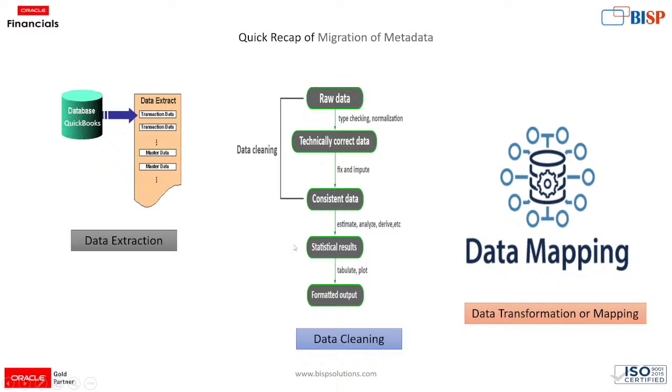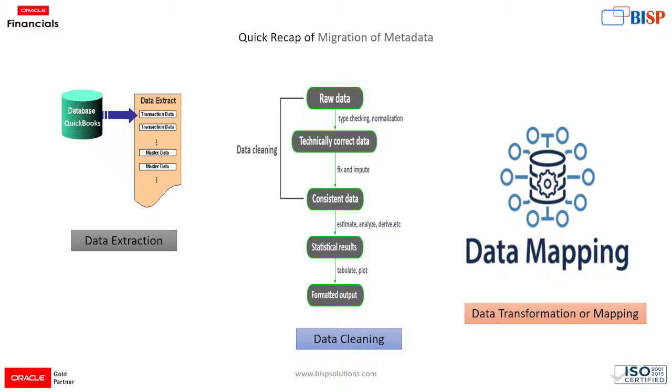The raw data has been checked and normalized, and after that it becomes consistent data for use in data mapping. And then in data mapping, we saw how to map the data, with one example of the chart of accounts, in our rapid implementation sheet.